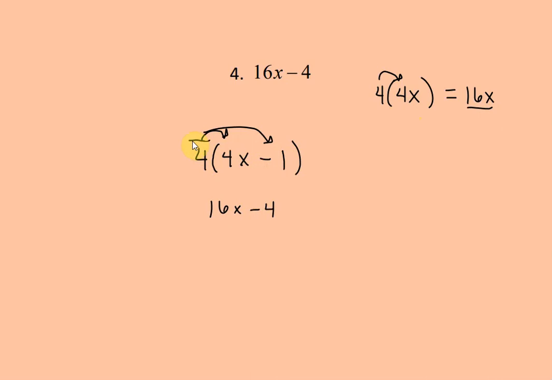So this would be the correct solution, not this. So be careful of that. Anytime you factor out the same number, like we were factoring out a 4, don't just cancel that out. That's 4 divided by 4, which is 1, or negative 4 divided by 4, which is negative 1.